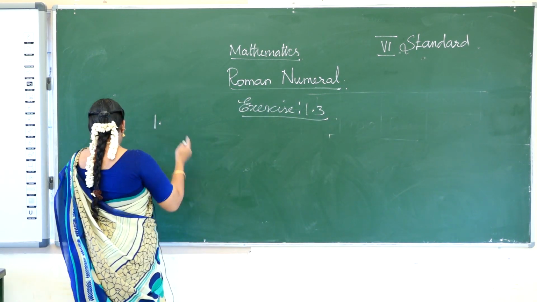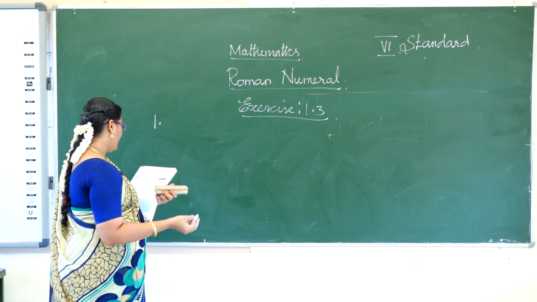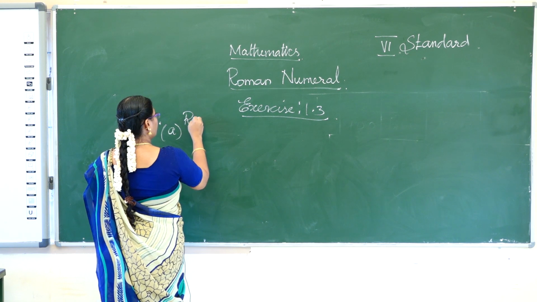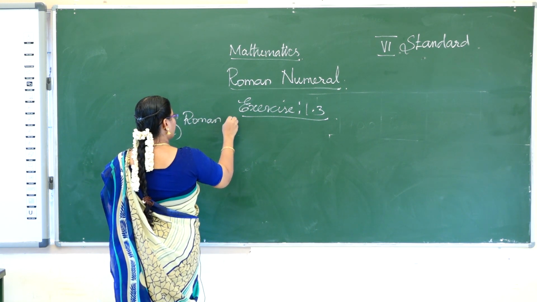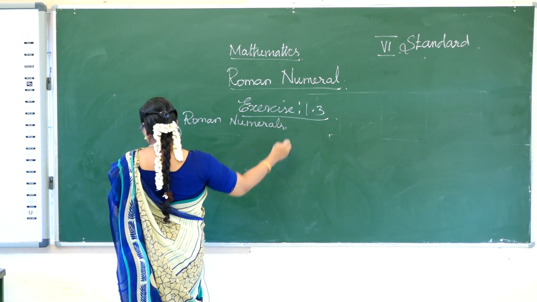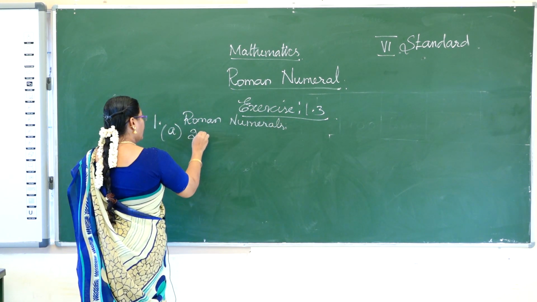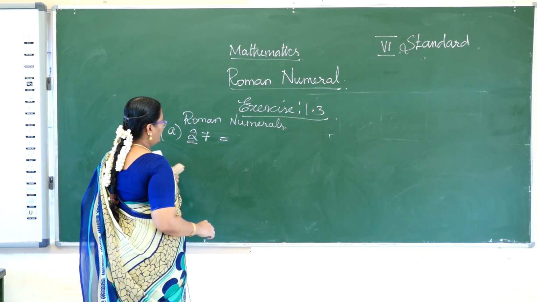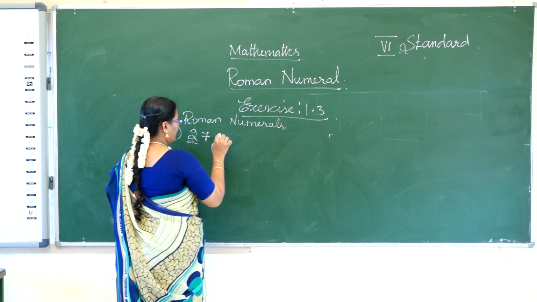The first one: write the Roman numerals for each of the following. So first one, 27 is given. How many tens are in 27? First write it in split form.